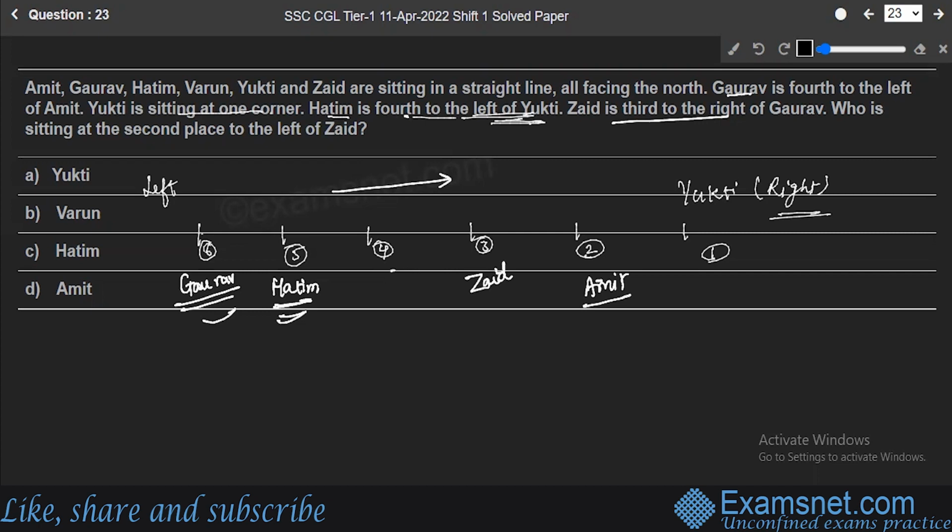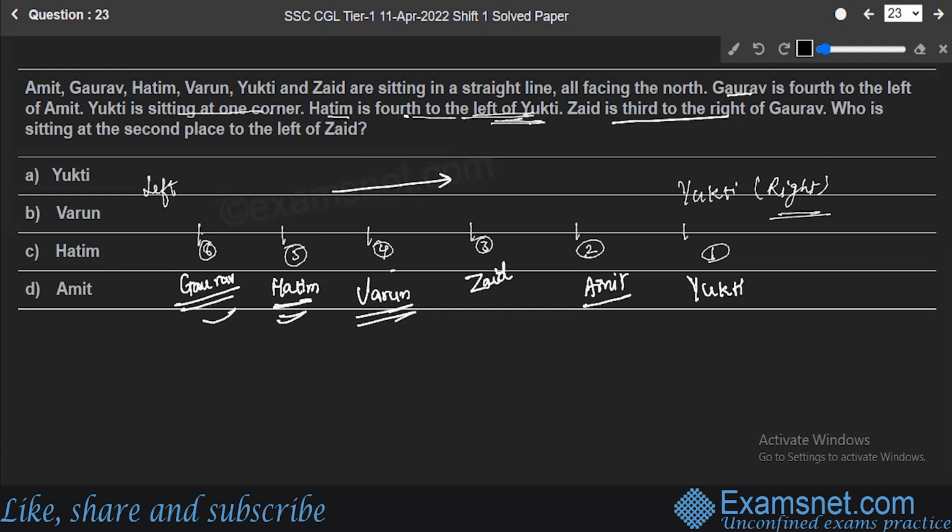So only Varun is left now. Varun is the only one who's left, so he'll be sitting at this position. So number one was occupied by Yukti, second was Amit, then Zaid, then Varun, then Hatim, then Gaurav. Right? Only Varun was left and no information was given like where Varun is sitting. We are left with only one position, that is number 4. So here will be Varun.